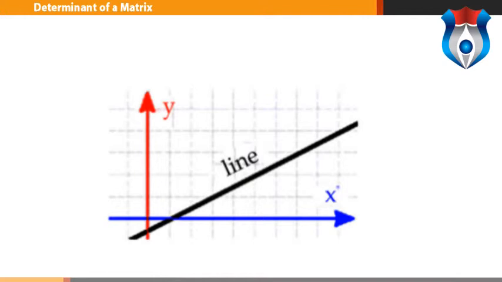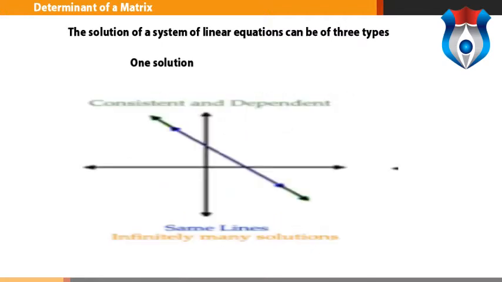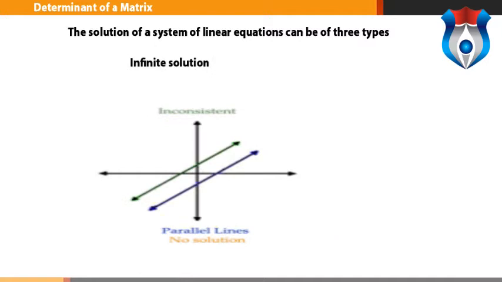Mostly, systems of equations can be used by business people to predict their future events. They will model a real-world situation into a system of equations to find the solution and manage their business. The solution of a system of linear equations can be of three types: one solution, infinite solutions, no solution.